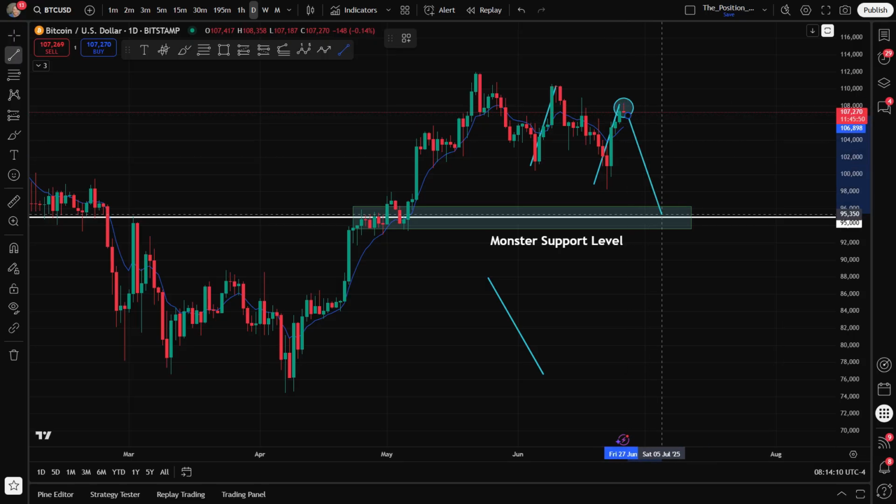If price is at a point of an extremely strong support level, using the factors we just talked about, let's say price moves all the way to 95,000, at these points, we want to be more reluctant to sell covered calls on our Bitcoin.